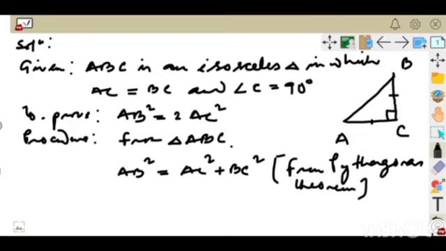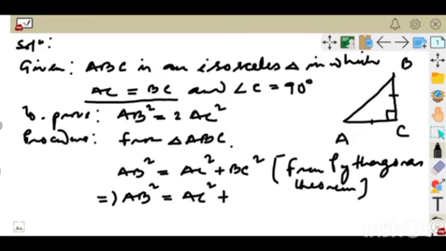Okay, so after it, what happened? The question tells you that AC equal to BC. So I'll write here implies AB square equal to here AC square plus next we have BC square, but the question gives you that AC is BC. That means AC and BC are equal.